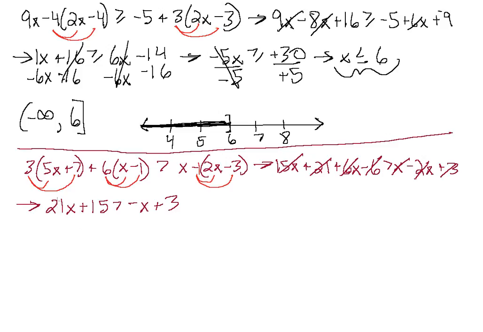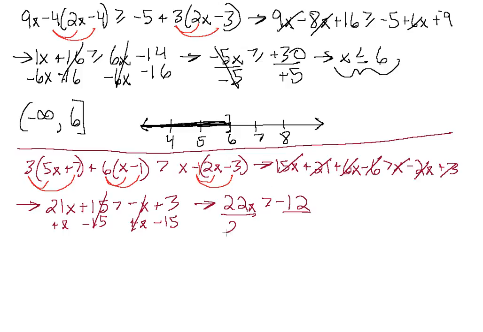Let's go ahead and move our variable to the left and everything else to the right, so we can add x to both sides. And if you want to, in the same step, we can move 15 to the right side by subtracting 15 from both sides. These two terms cancel, so we have 22x, 21x plus 1x is 22x. We have 3 minus 15 is minus 12.